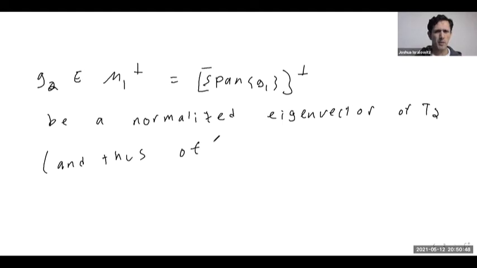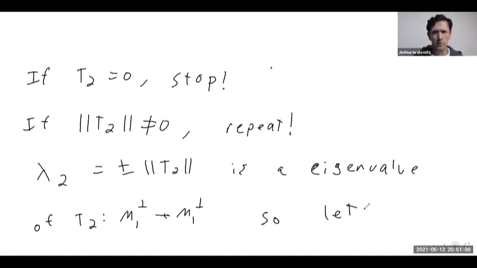And that obviously means this is a normalized eigenvector of T, because T2 is T just restricted to M1 perp, right?